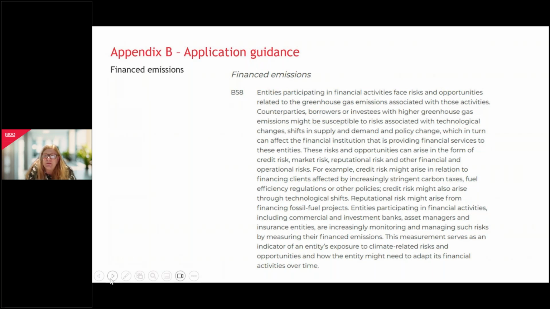So it's important that they consider, if they provide financing to certain businesses, to what extent those businesses are considering climate-related risks and opportunities and mitigating those.